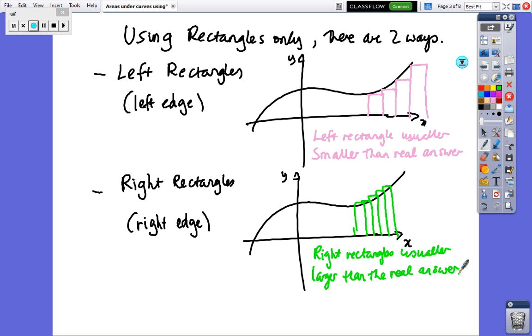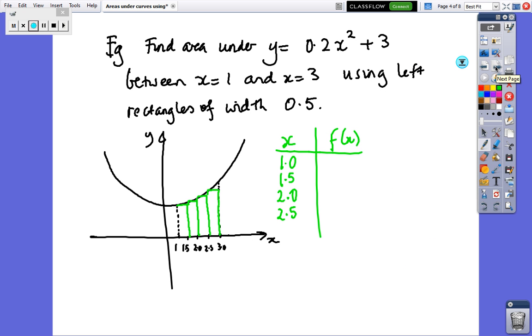Okay, so an example, find the area under y equals 0.2x squared plus 3 between x equals 1 and 3 using left rectangles of width 0.5. So I've drawn the shape, so the parabola is that shape, and between 1 and 3 is down here, and I'm going in 0.5 increments.